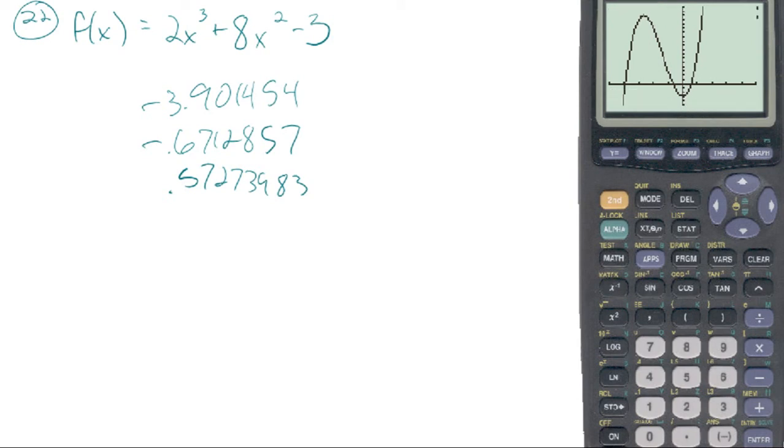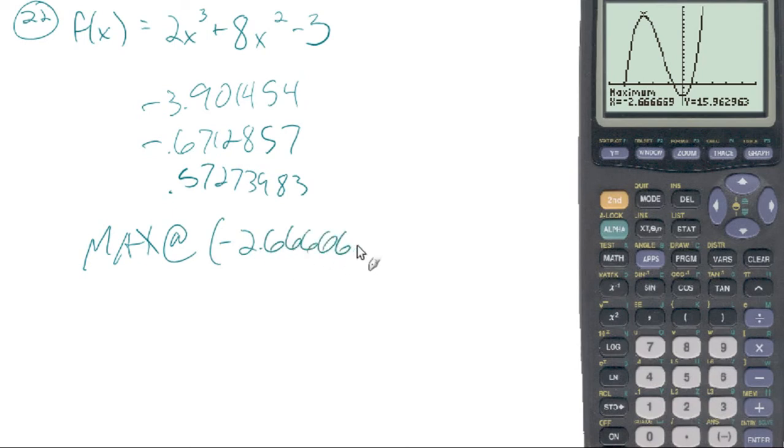And it's figuring it out. We have a max at negative 2.666669, comma 15.962963. There's where the maximum is.